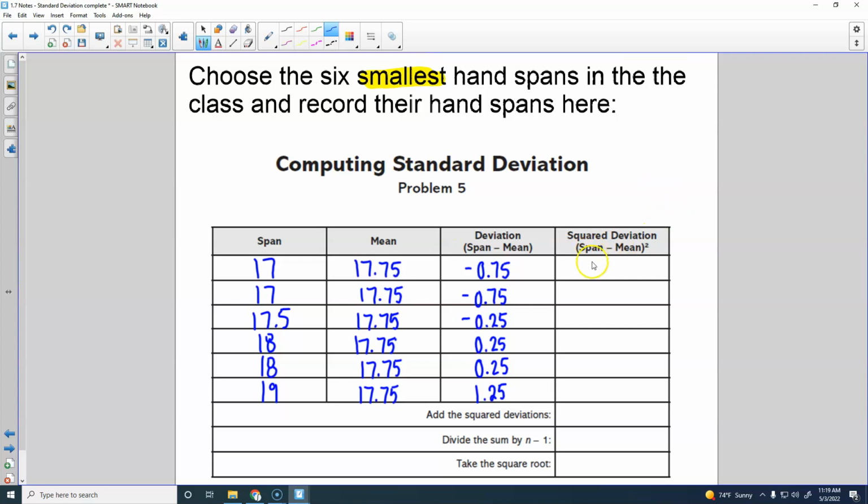So if we square each one of these numbers, it'll get rid of all the negatives, right? So if I do 0.75 squared, it's going to give me 0.5625. All these 5s, this thing can't write 5s for some reason. It's so annoying.